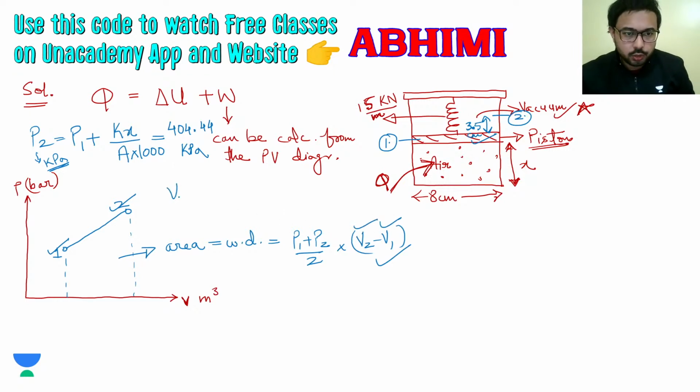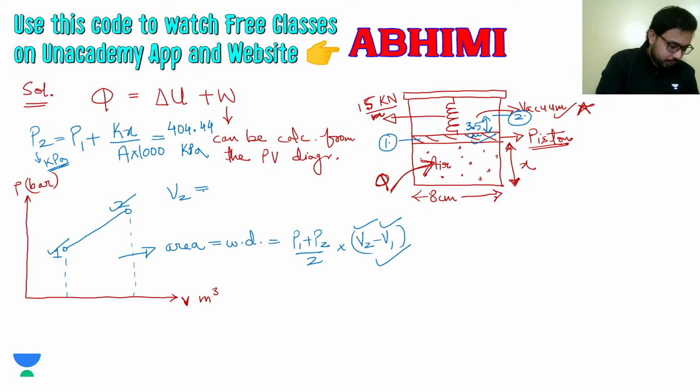Let's calculate V2 also. So what will be V2? It will be V1 plus this increase in volume. So that increase in volume, let's calculate it right now. I'm going to calculate this in cc, centimeter cube, because we have V1 in centimeter cube only.